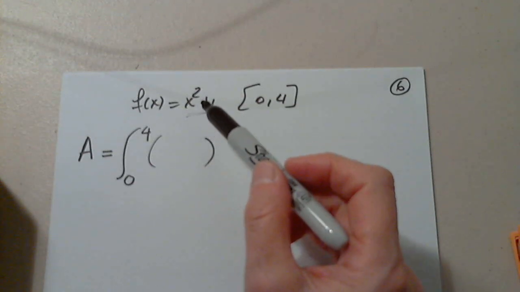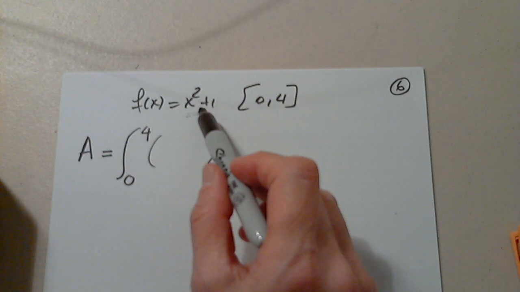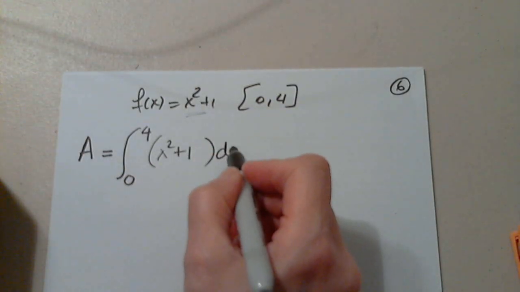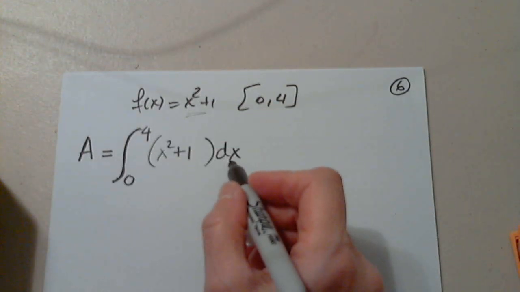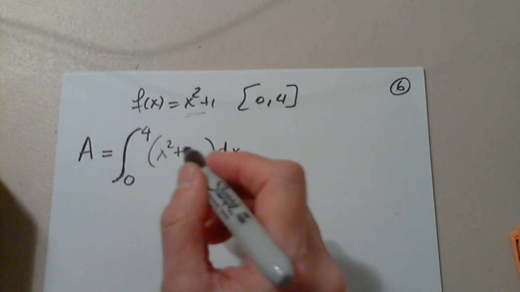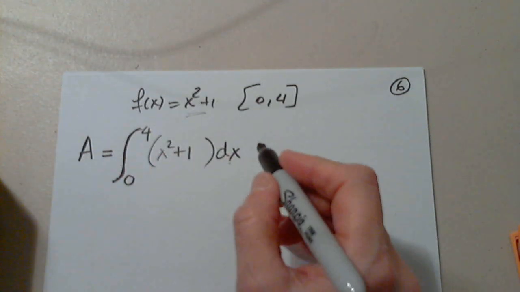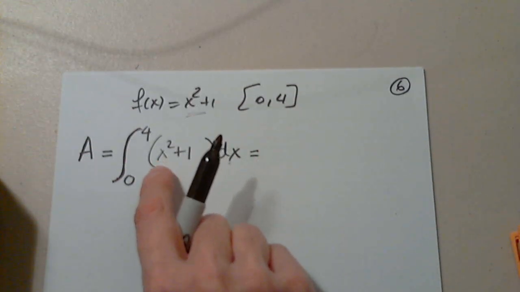I have to write the function, x squared plus 1, dx. No integral without dx. Or if it's t, dt. If it's u, du. If it's w, then dw. Good. Perfect. Which function prime is x squared?